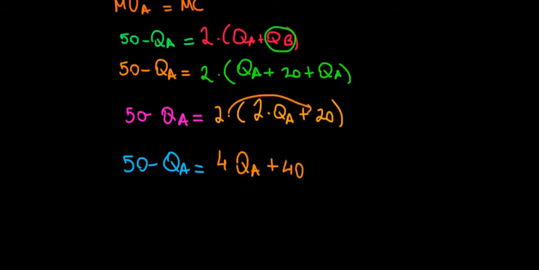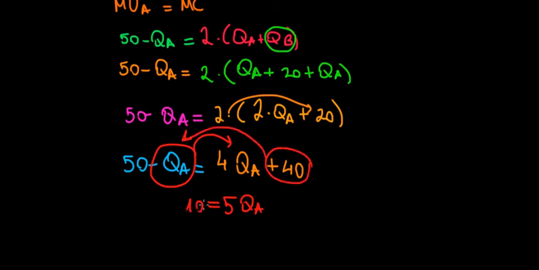Now we take the quantities on one side, so that we have 4qa plus qa, which is 5 times qa, is equal to 50 minus 40. So that's going to be 10. So 10 equals 5 times qa, meaning that the quantity that Anne consumes is equal to 2 units.